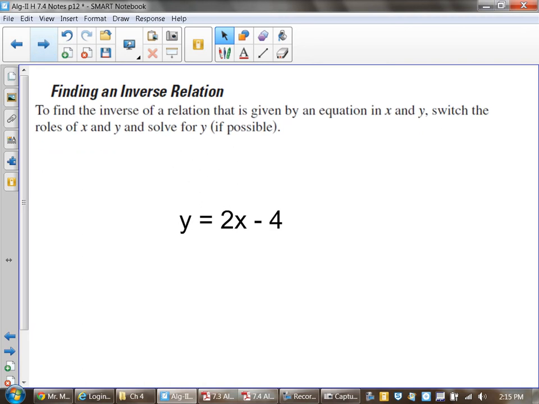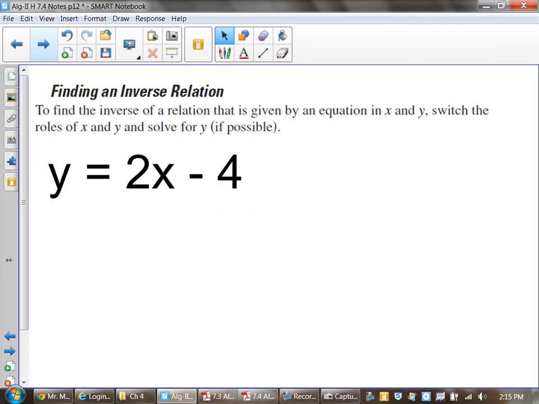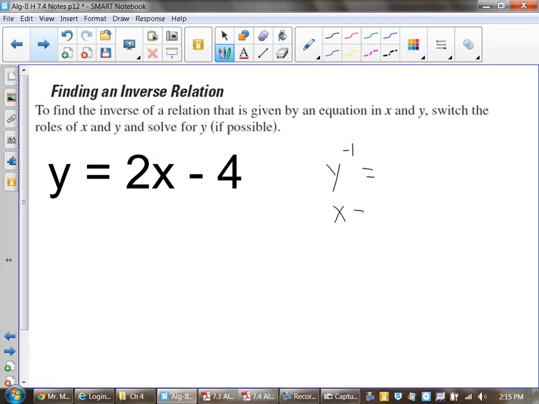Brittany. Again, all we're doing here, guys, in order to solve for an inverse, is if my original equation is y equals 2x minus 4, if I want to find the inverse of it, if they write it out in terms of y equals, my inverse, f to the -1 of x, would equal, well, how do you solve that?